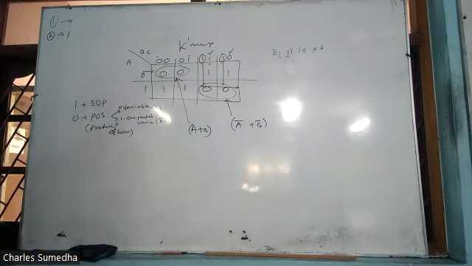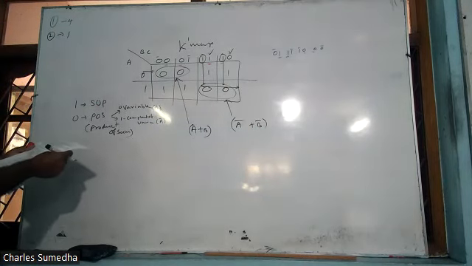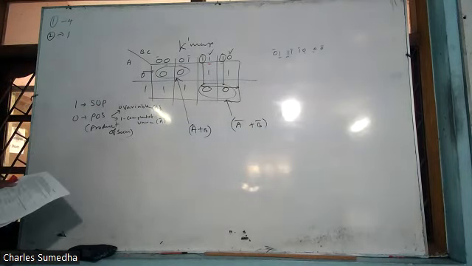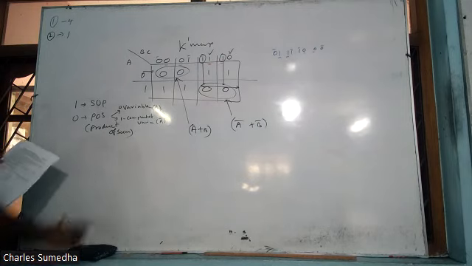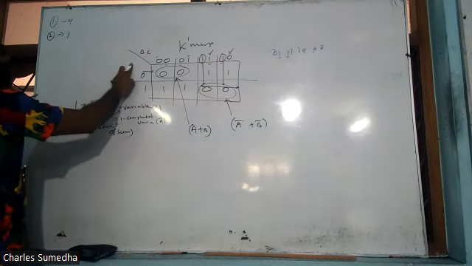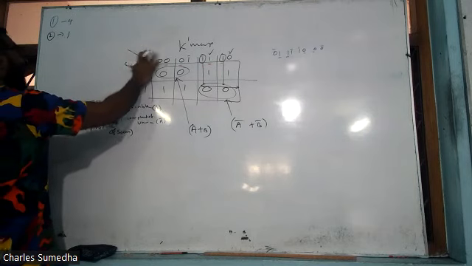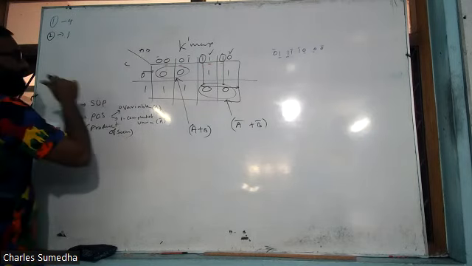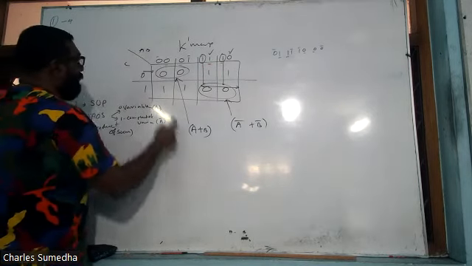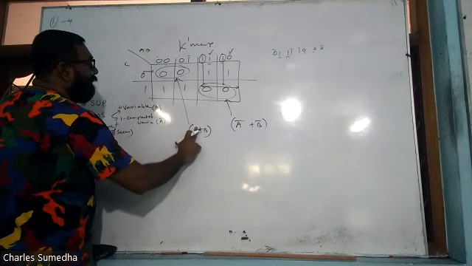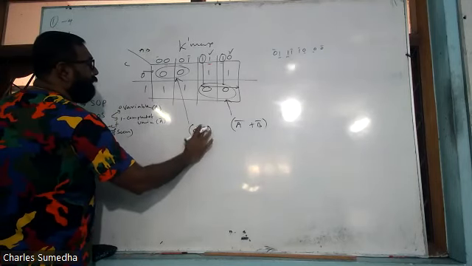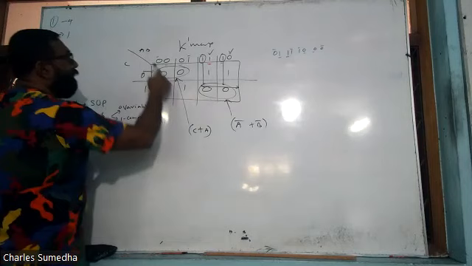Okay. So here they have marked in a different manner. They have C here and AB here. So we can take C, so it will be C plus A, right?